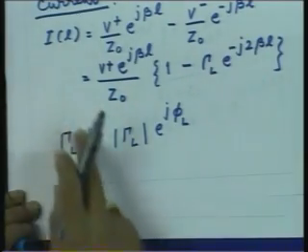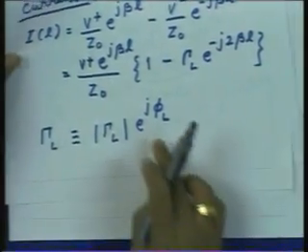Then I can write down the current and voltage explicitly in terms of this magnitude of the reflection coefficient and the phase.